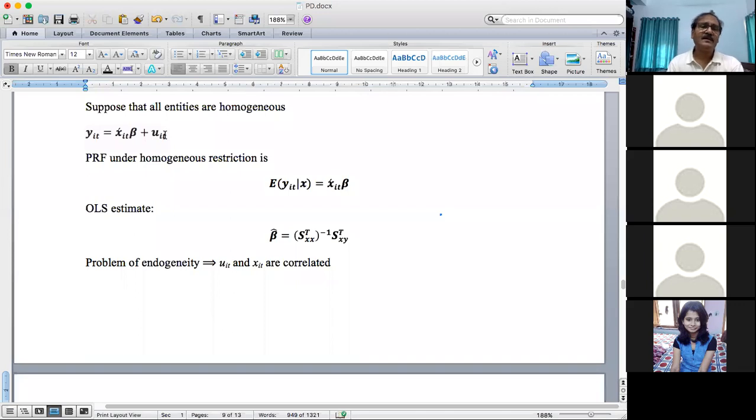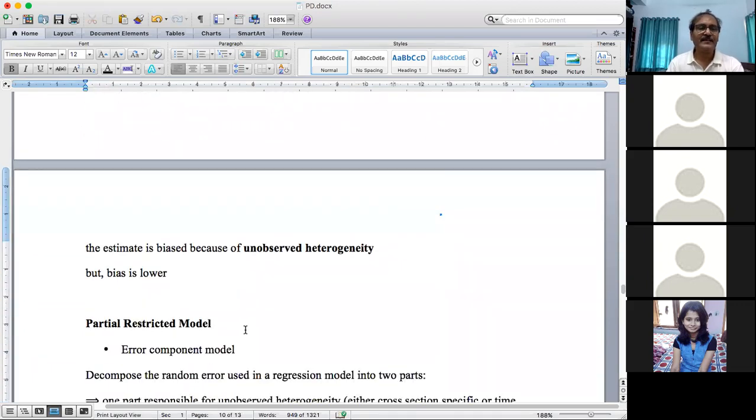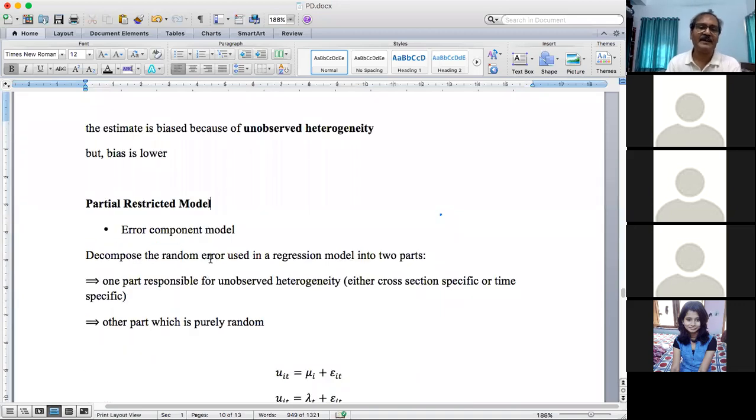Now, let us separate out some components of the error from the random disturbance. In other words, let us decompose the random error, so we are trying to look at the different components of the random error.